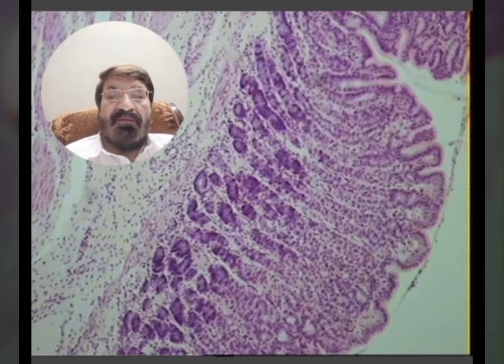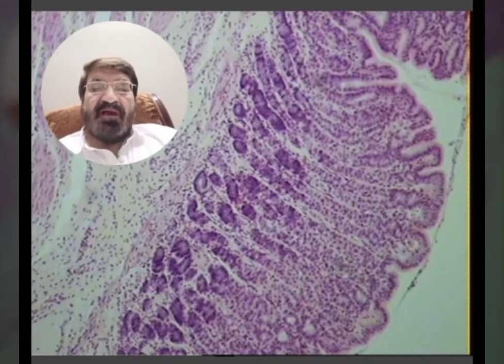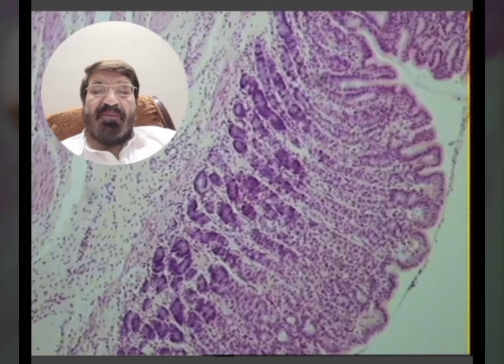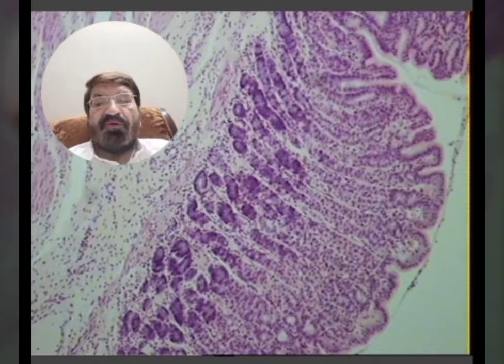So the gastric mucosa, that is the mucosa of the stomach, is secretory in nature. And then comes the lamina propria and the muscularis mucosae, and then the submucosa.